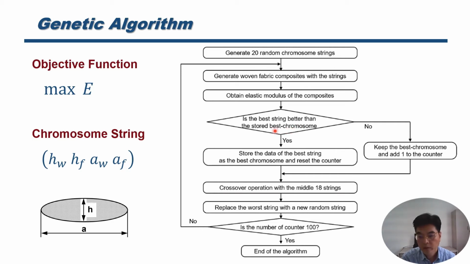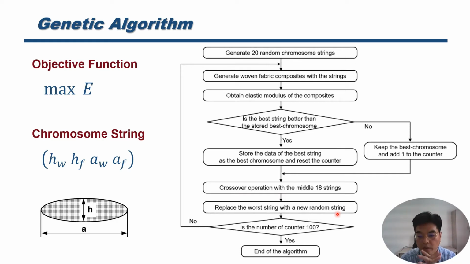So if the current chromosome is better than the previous one, then it will be changed. But otherwise, we keep the previous best chromosome, and then we did a crossover and replaced the worst string with the new random string.